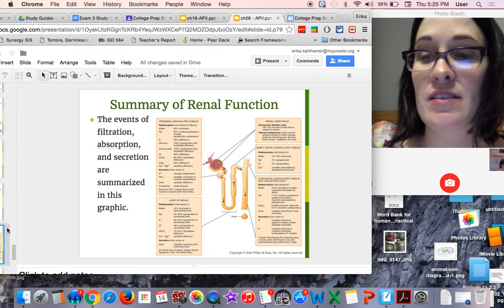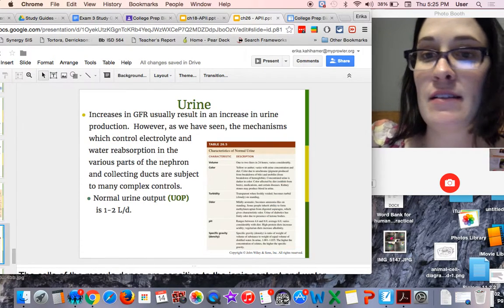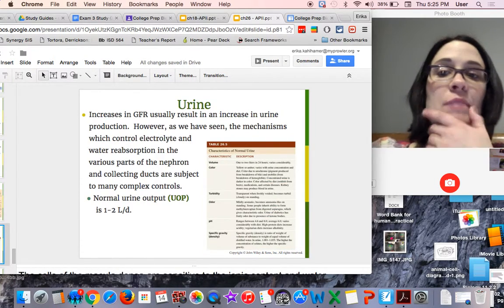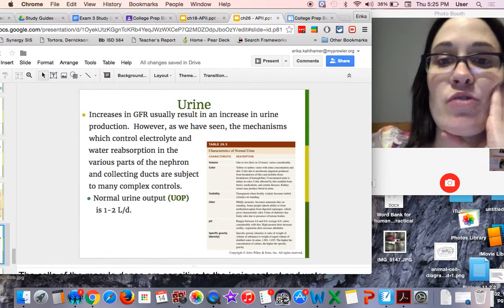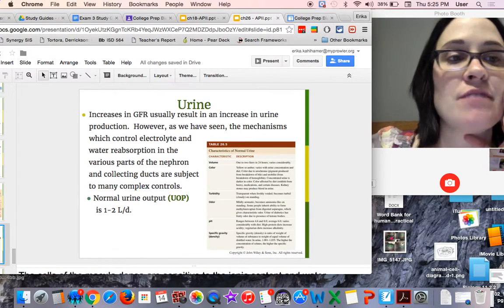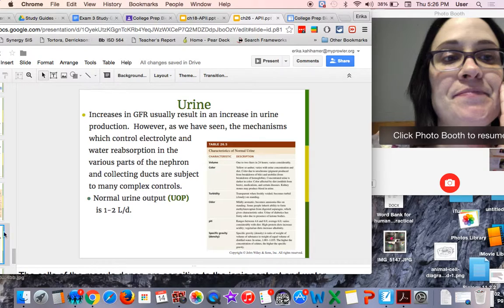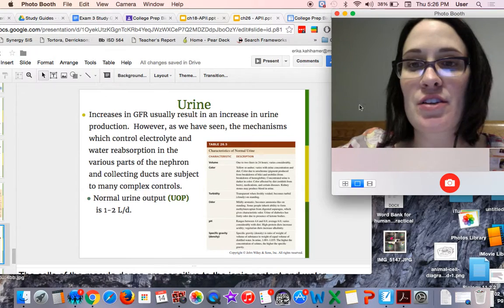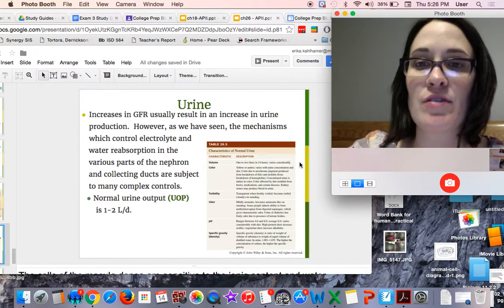And here's just a synopsis of the events. Increases in glomerular filtration rate usually result in an increase in urine production, but there are many complex controls that are also involved.